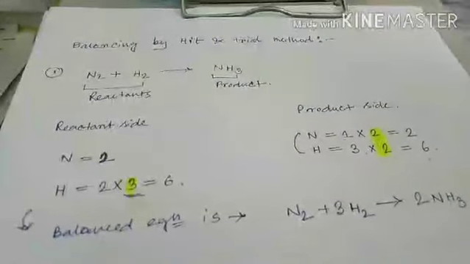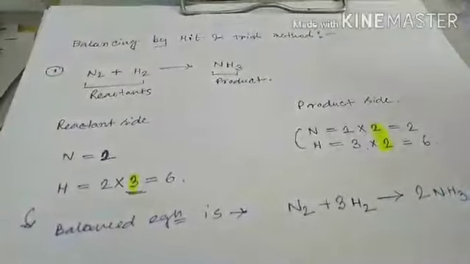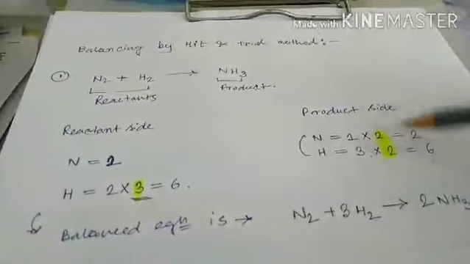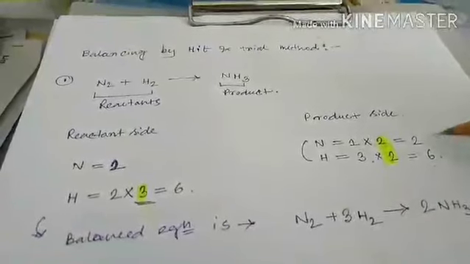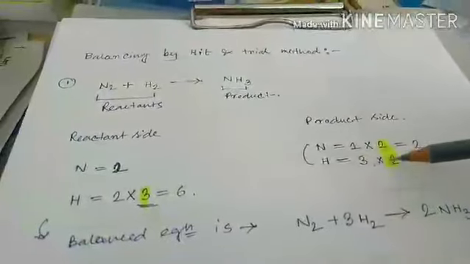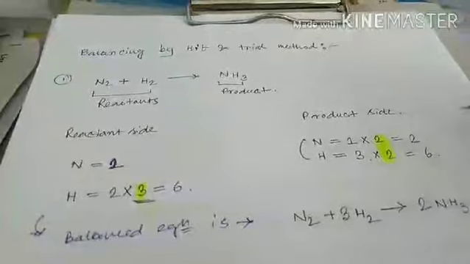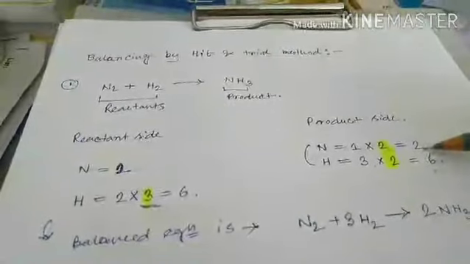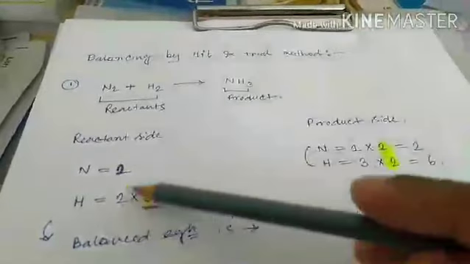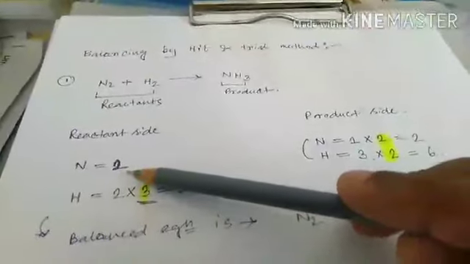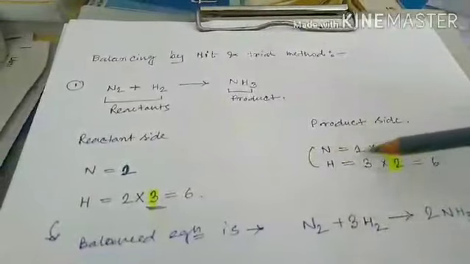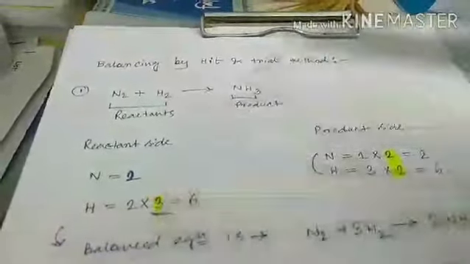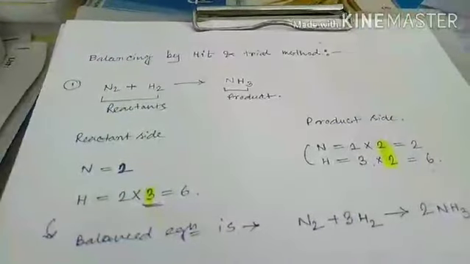So in the case of nitrogen, 1 into 2 makes 2, and in the case of hydrogen, that is 3, it is also multiplied with 2, that makes 6. So in the product side, the number of atoms of nitrogen is 2, and here the number of atoms of nitrogen is also 2, but here the number of hydrogen is 6 and here only 2, so to make it 6 we are multiplying with 3, that makes it 6.